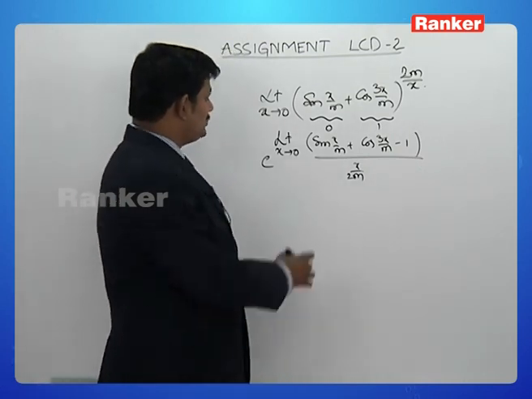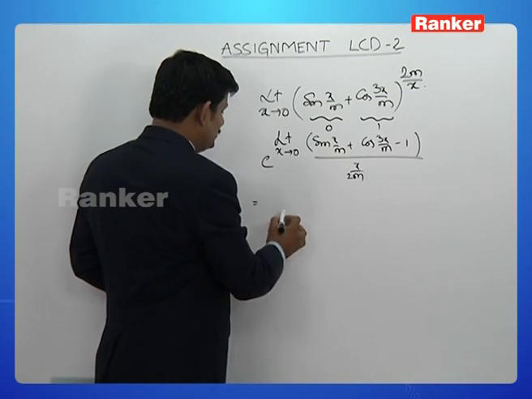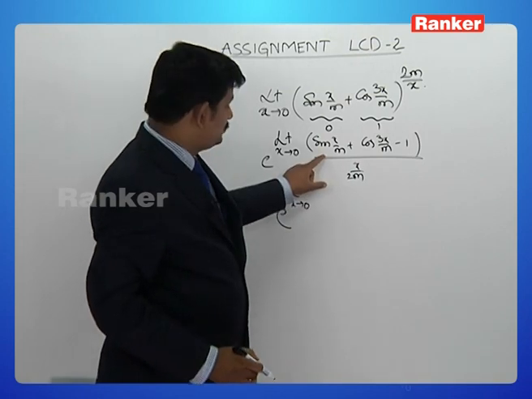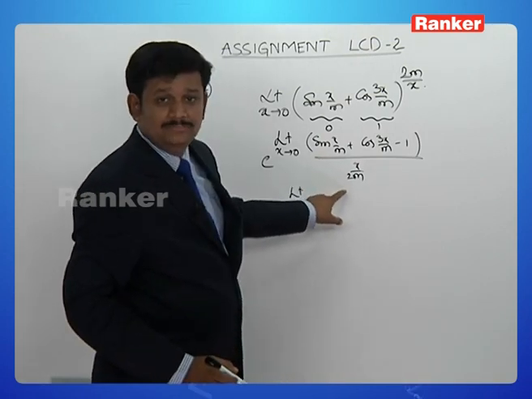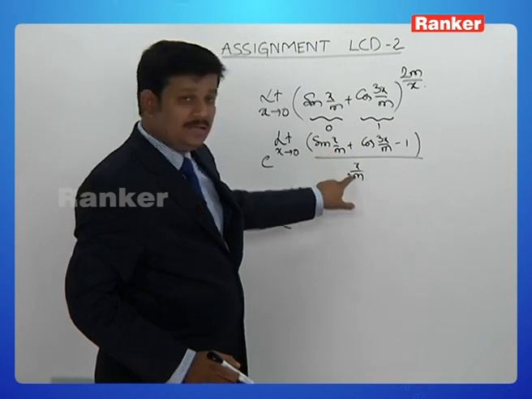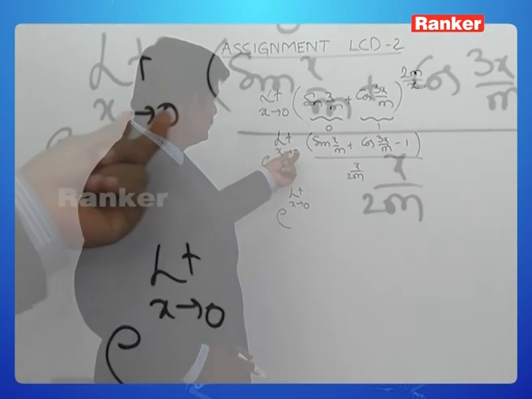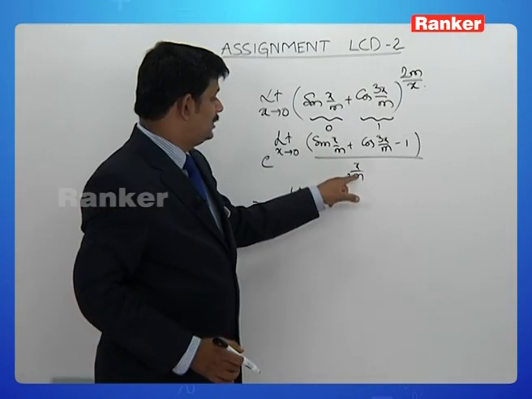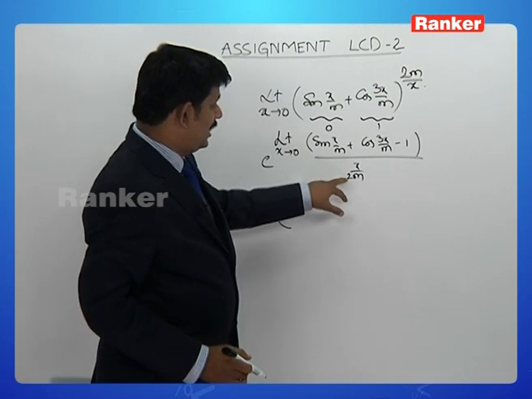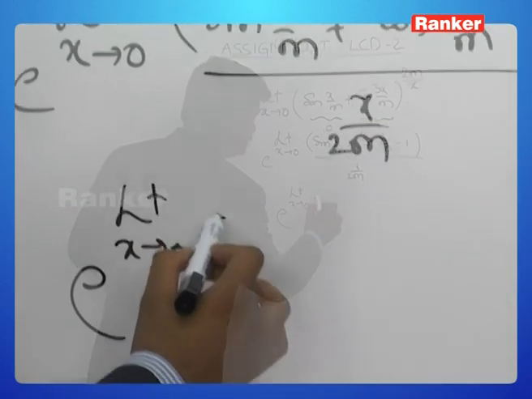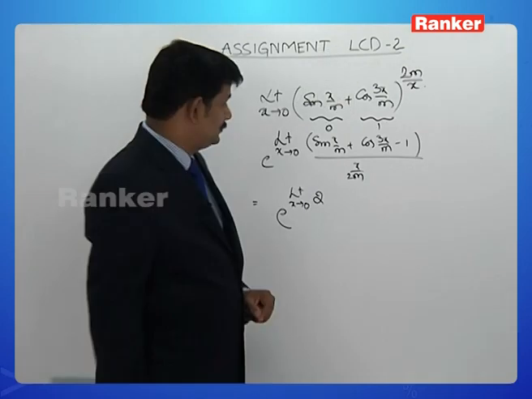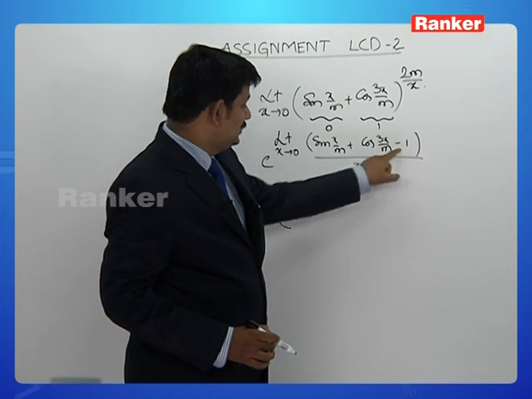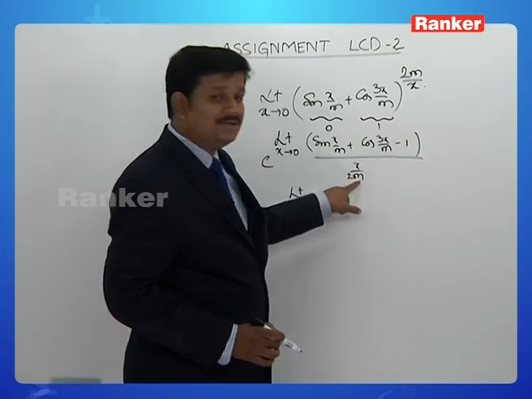Now, let us see first part of the limit. This limit is e power limit x extending to 0 of sin x by m divided by x by 2m. We can see as x tends to 0, x by 2m also tends to 0. Sin x by m over x by m is 1, and we have additional 2 here, which makes this 2, plus cos 3x by m minus 1 divided by x by 2m.